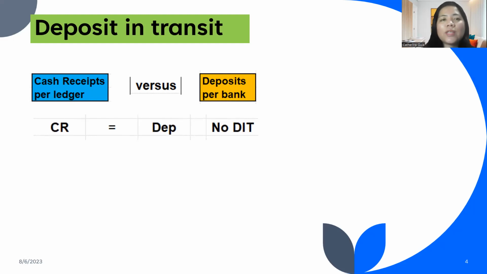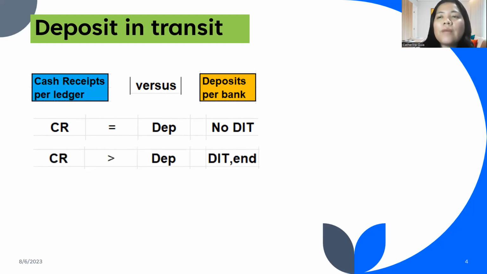If our cash receipts is the same as the deposits appearing per bank statement, then there's no deposit in transit. However, if our cash receipts per ledger are more than the deposits appearing in our bank statement, then there is a deposit in transit ending.